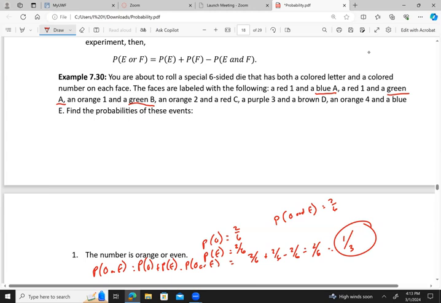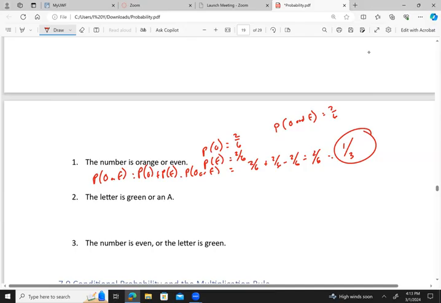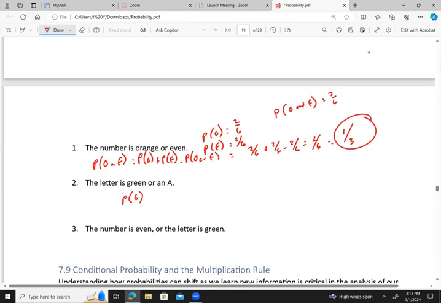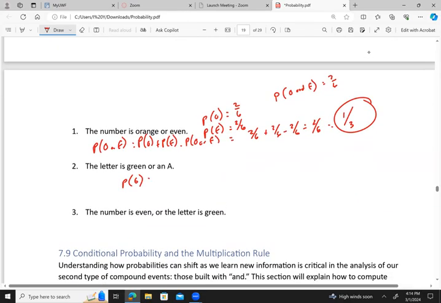So I have 2 greens and I have 2 A's. So the probability of a green is 2 out of 6. Probability of an A is 2 out of 6.